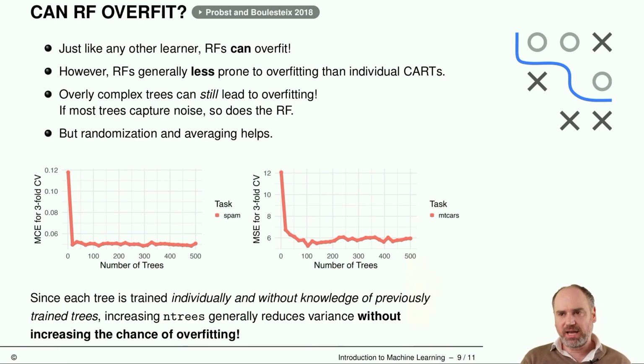What we sometimes mean by this statement, which we probably should not phrase exactly like that, is, A, that they are less prone to overfitting than individual decision trees, and that's because the randomization of the trees and the resulting averaging helps.